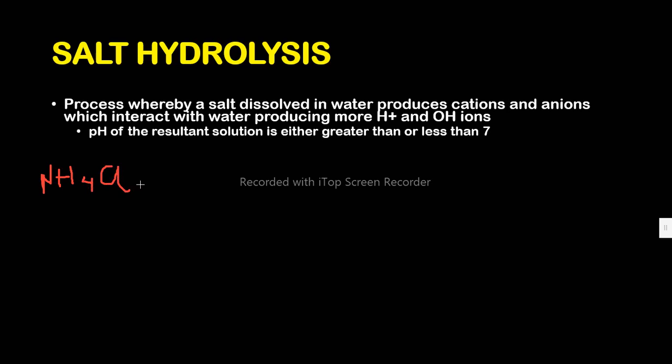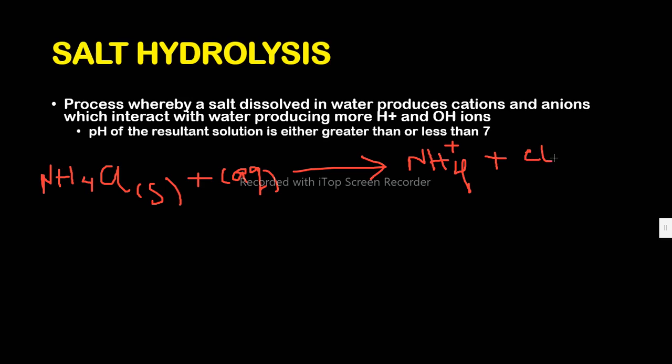Ammonium chloride will also dissolve in water, aqueous, and ionize to give us ammonium ions plus the chloride ions. Now, like I told you, the chloride ions are large in size, so they cannot hydrolyze. But the ammonium ions can hydrolyze by reacting with water.